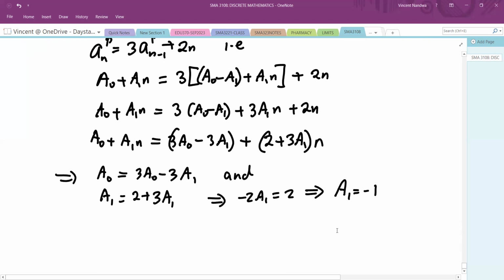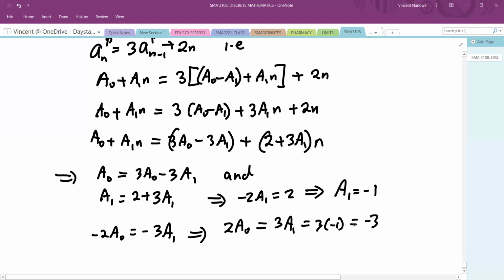Then from this other equation, if I take this to the left-hand side, I'll have minus 2a0 equals minus 3a1, which means 2a0 equals 3a1, but a1 is minus 1, so it should be 3 times minus 1, which is minus 3. So this means that a0 is minus 3 divided by 2.